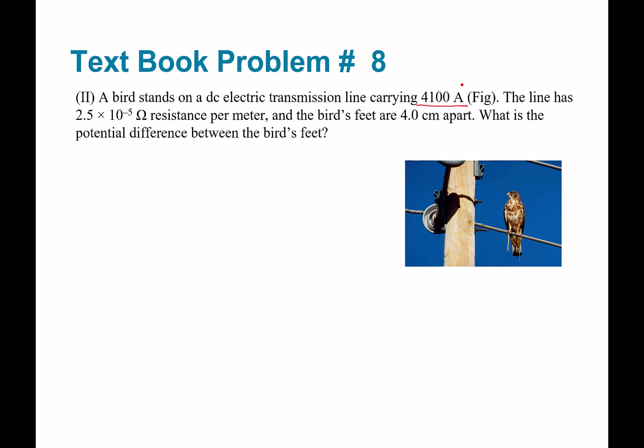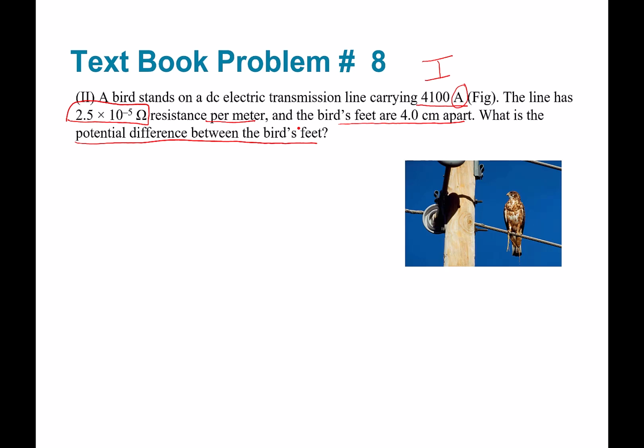So obviously we have the unit ampere here, so this must be the current flowing through the wire, a really high transmission line current. And the resistance is a very low 2.5 × 10^-5 ohms per meter, and the bird's feet are 4 centimeters apart. What is the potential difference between the bird's feet?